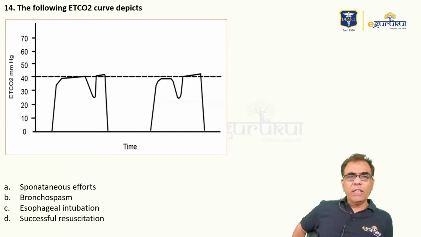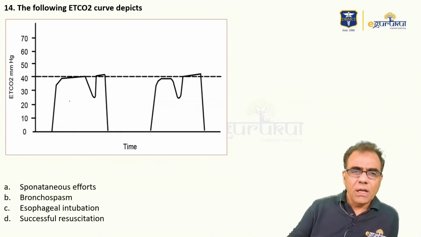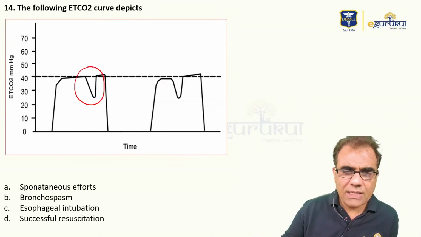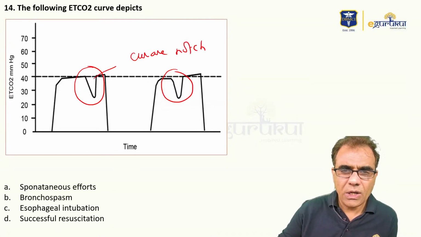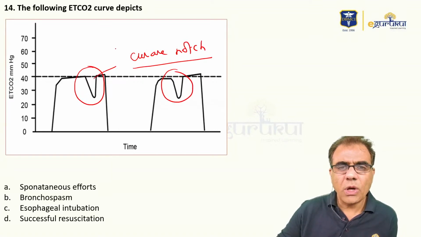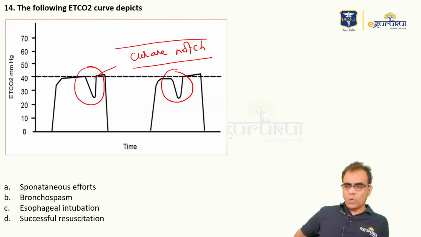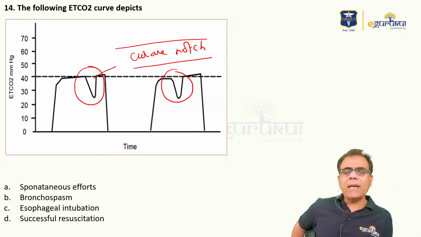14. The following ETCO2 curve depicts spontaneous effort, bronchospasm, esophageal intubation, successful resuscitation. This is called the curare notch. So the curare notch is the patient's spontaneous effort during controlled ventilation.